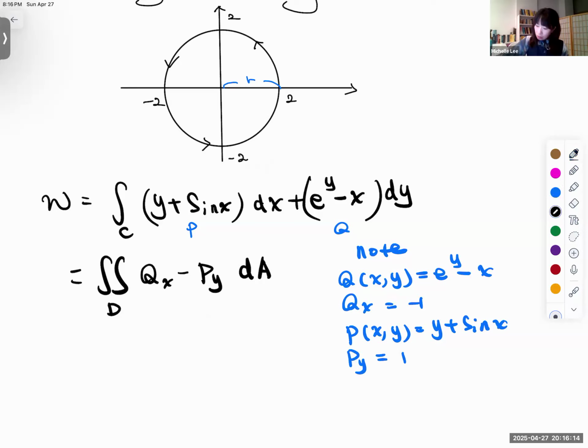Okay. Now let's do this one. We want to find region D, and Q sub x, we have -1 minus P sub y, which is 1, right? And then dA.